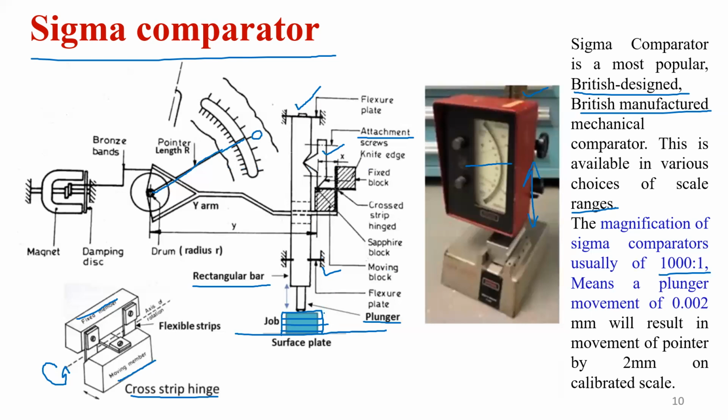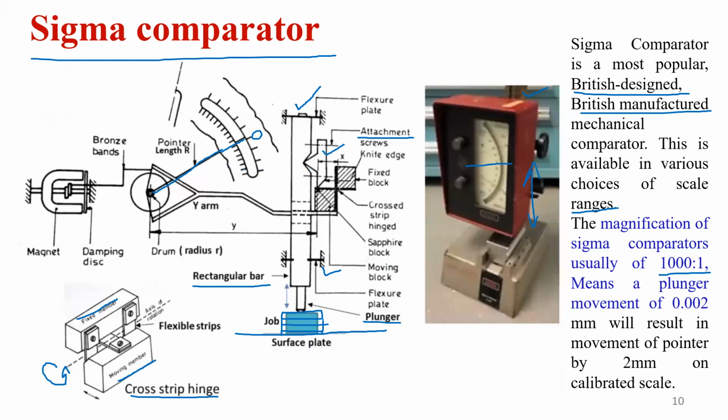That is the basic size of the component. And then we will also set the comparator to the high limit of the component, and also the low limit of the component with the help of the working standard.